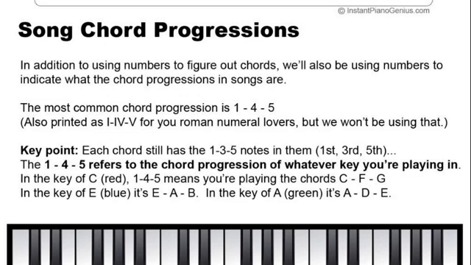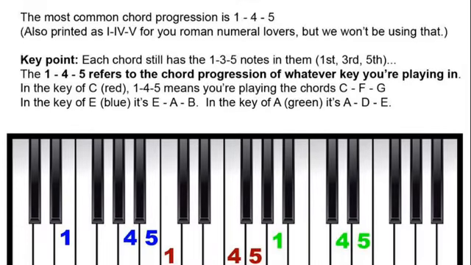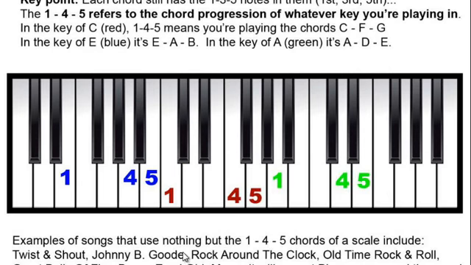Now, the number system doesn't just teach you how to play the notes in a chord, it also tells you what chords to play in a song progression, what chords to play that make up a song. Now, if you're in C, then a C major chord would be the 1 chord of a C major scale.